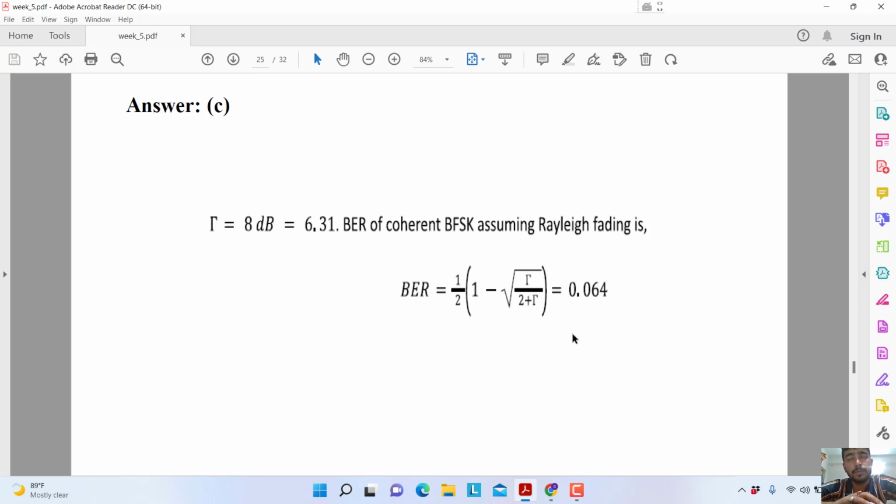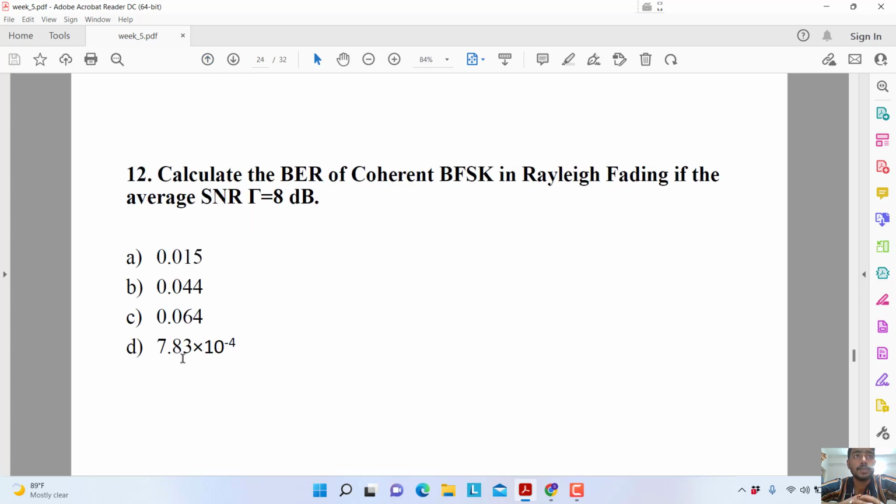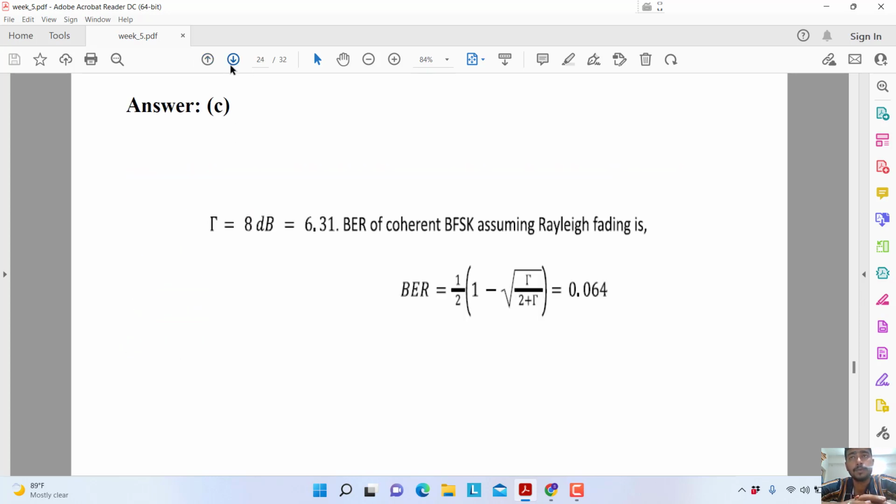You can try this expression using the calculator. So here we are getting the BER equal to 0.064. So the answer is the C part, 0.064. If anybody has a doubt, please let me know. Simply calculate 8 dB in the linear scale, it will come 6.31, and put it in that formula. The expression was already discussed in the lectures.